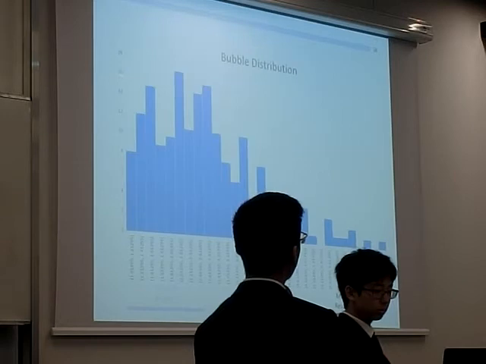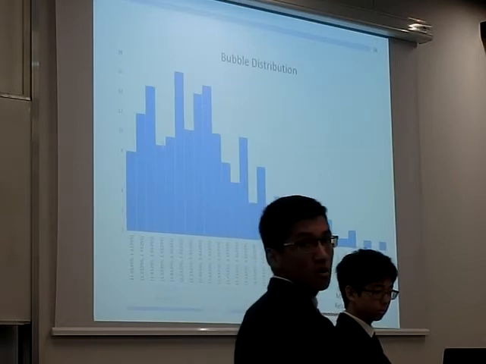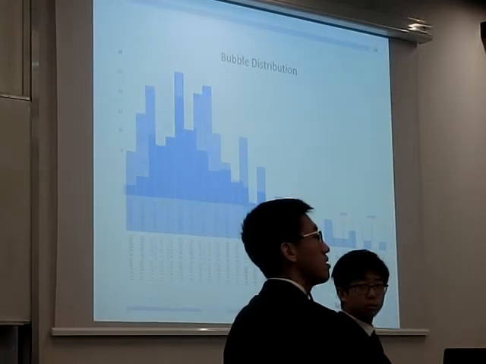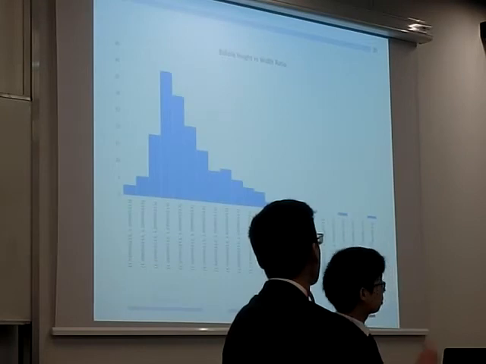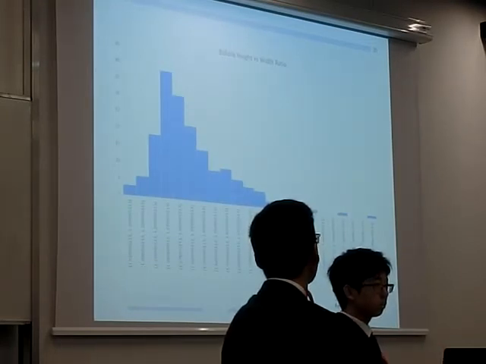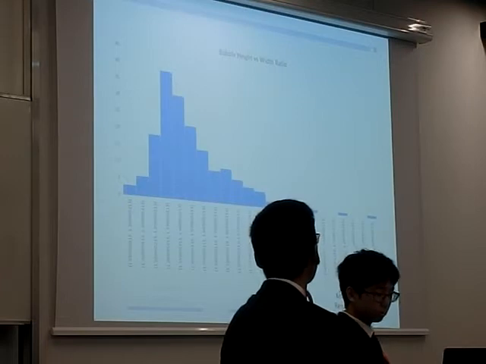After getting this distribution, we can plot the peaks, or the higher bubble counts, into a spreadsheet, and we can also see the bubble height-to-width ratio. We can see that they're mainly spherical.